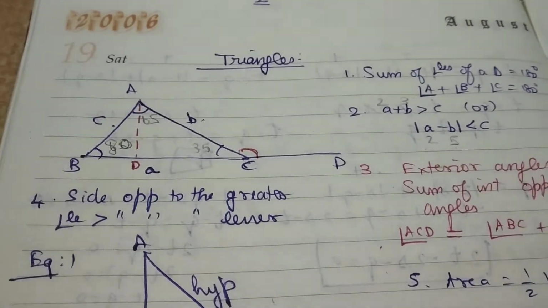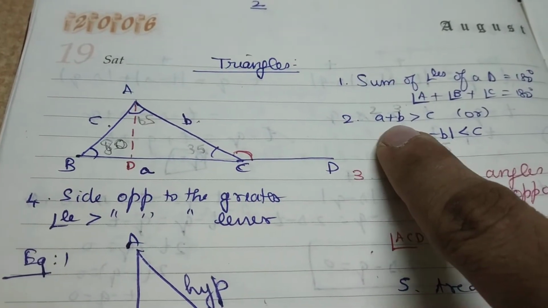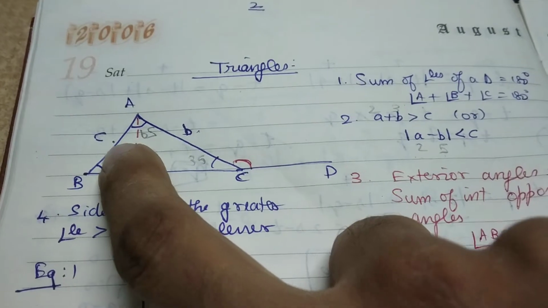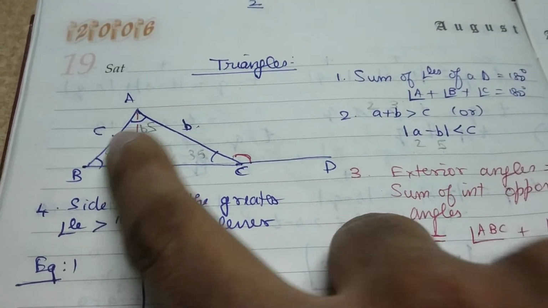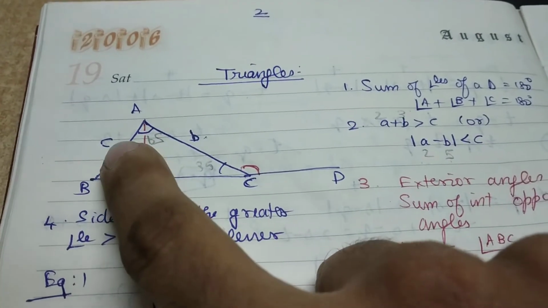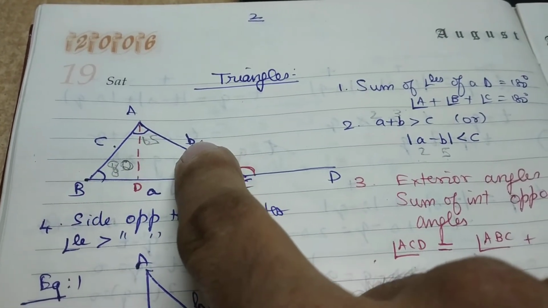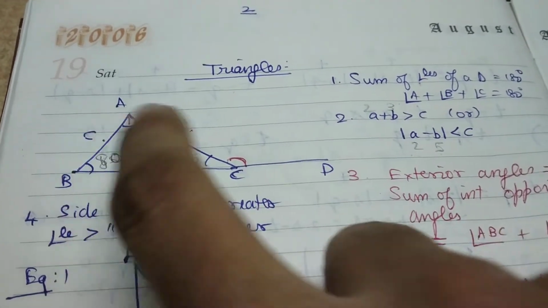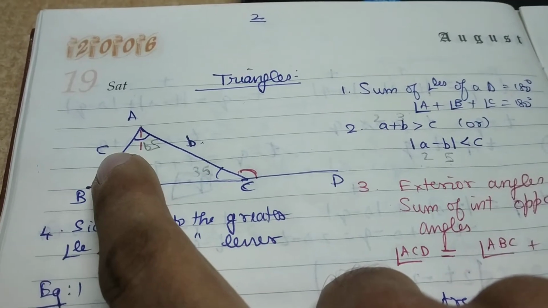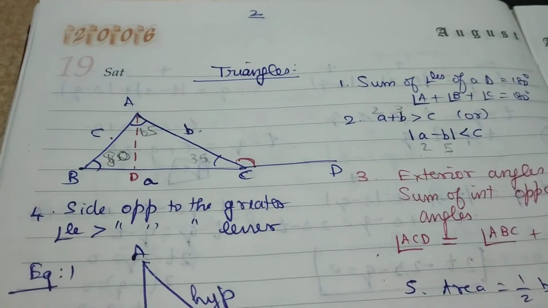That will be very easy for me, right? So the sum of any two sides, a plus b, will always be greater than the third side c. If I consider a and c and add them, a plus c will always be greater than b. Now if I add b and c, the sum of these two sides will always be greater than the third side a.